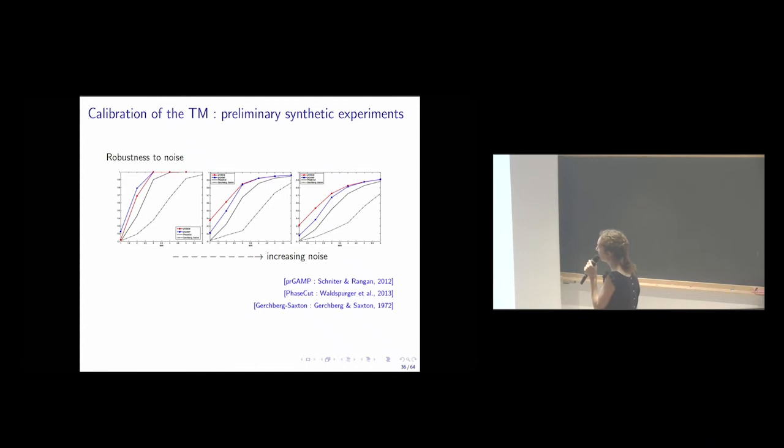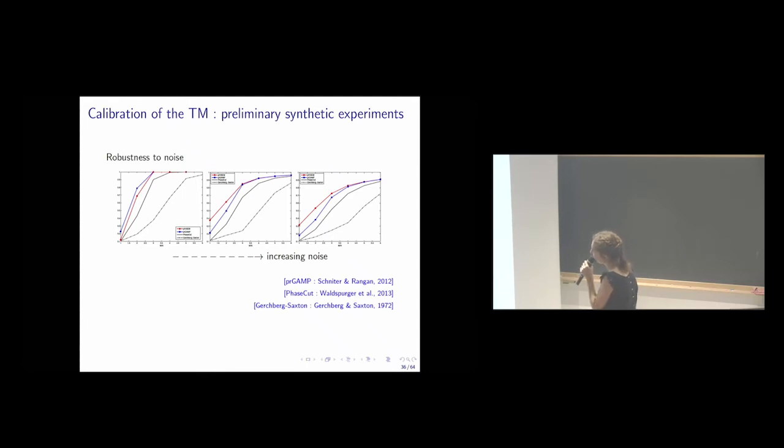In red is mine, relying on the mean field approximation. The two in black are deterministic algorithms. Here you have this cut, proposed by Irene Waldspurger, which is quite a beautiful algorithm actually, and in a dashed curve, an older algorithm proposed by Gerchberg and Saxton.